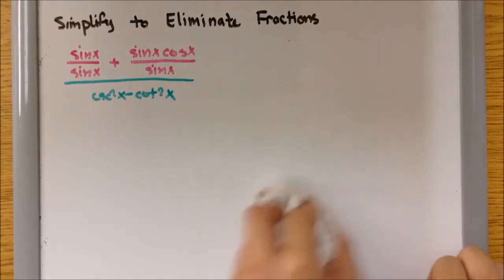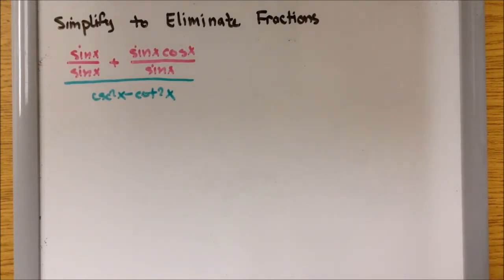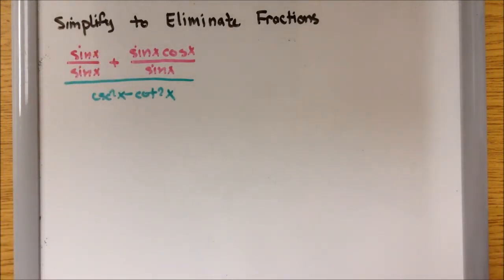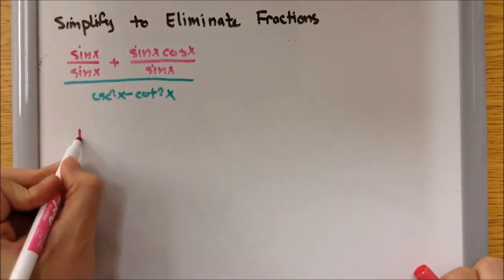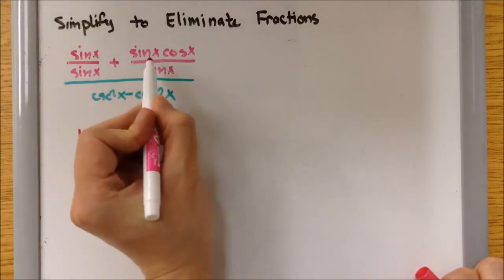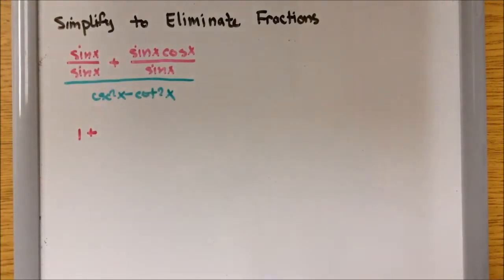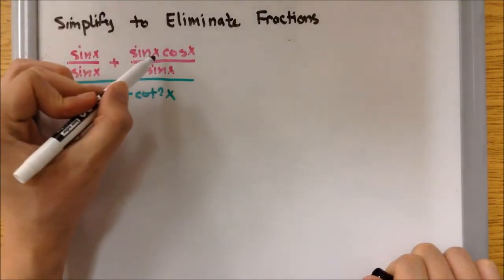Alright, now I have some more room to continue with this example. So I'm going to simplify the numerator. In my numerator, sine x divided by sine x will be simply 1 plus sine x cosine x divided by sine x. So here I can divide the sine x because there's 1 on the top and 1 on the bottom.